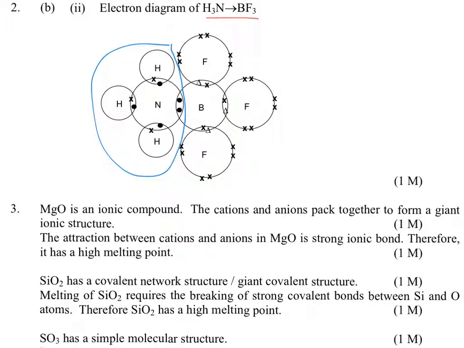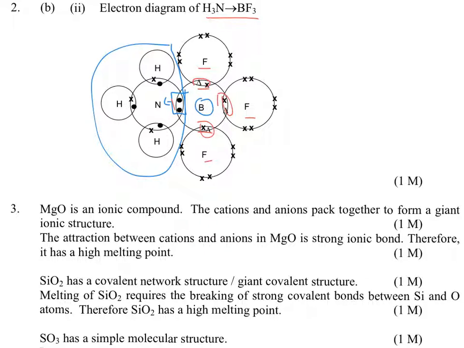However, the lone pair from nitrogen is shared with the boron atom, so that the boron can form an octet: 2, 4, 6, 8, octet. And the boron still has 3 fluorine atoms to form 3 normal covalent bonds here.